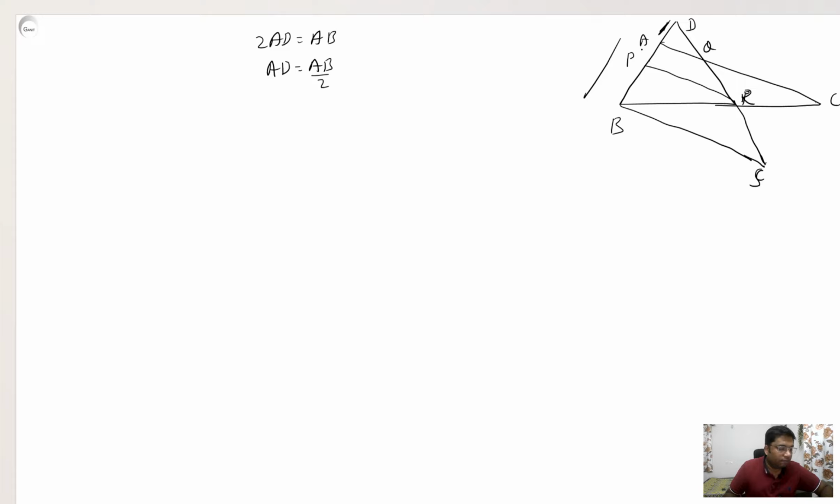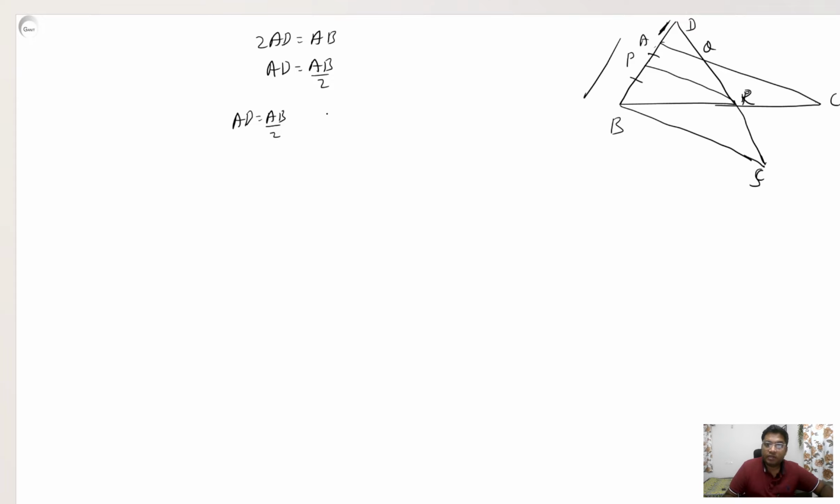Okay. Now, P is the midpoint of AB. It says P is the midpoint of AB. So this means this part is equal to this part. And what we just saw is that AD is equal to half of AB. So in a way, what I'm saying is AD is equal to AB by 2. That's my given information.